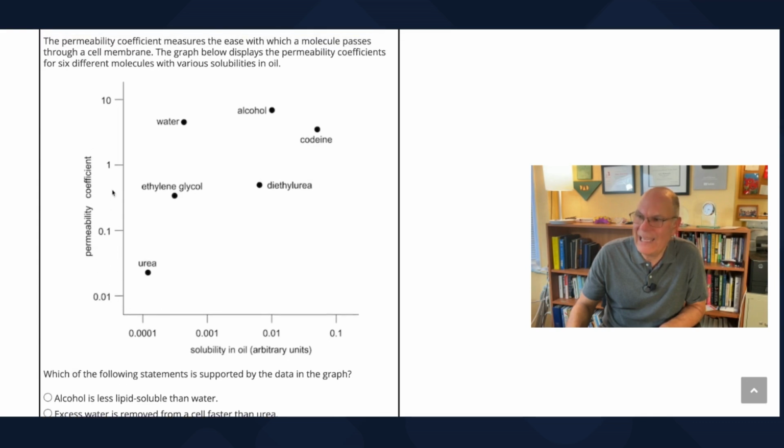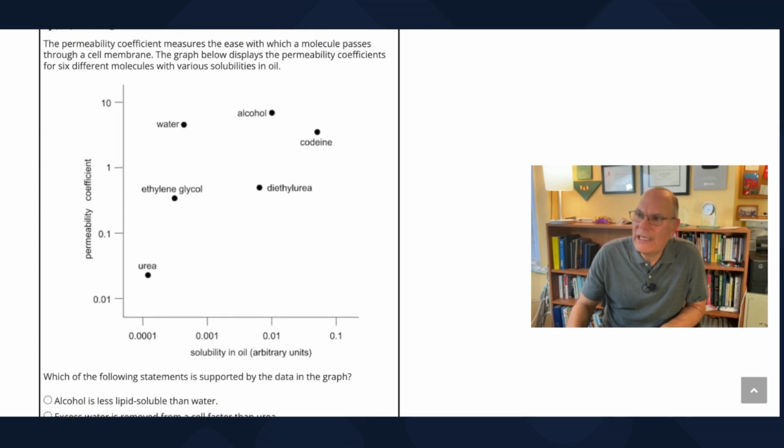Water is at a permeability coefficient of about 5, and its solubility in oil is very low. Urea has very low permeability coefficient and very low solubility in oil. Ethylene glycol has relatively low solubility in oil and a medium level permeability coefficient.